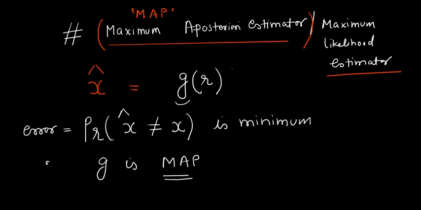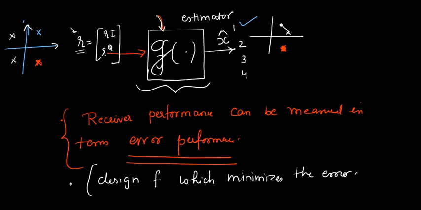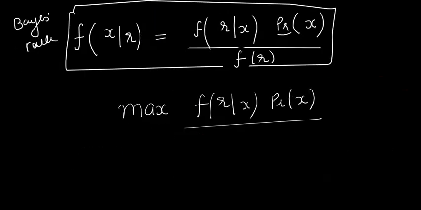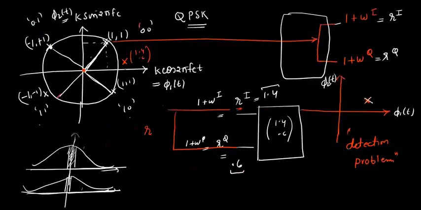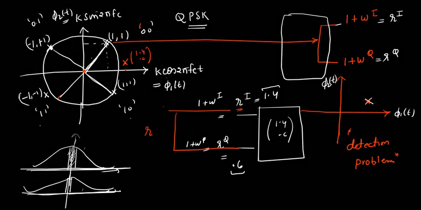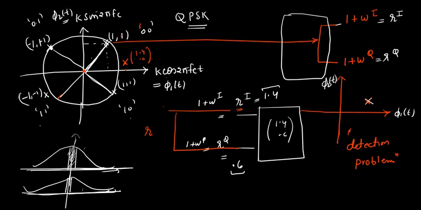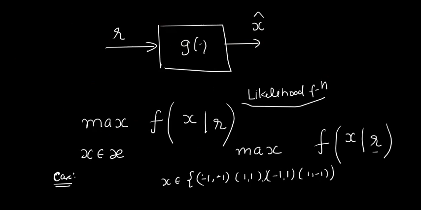When we have a discrete random variable. See, this X is discrete, only 4 values, correct? But R is a continuous random variable, right? Because of the continuous nature of the noise. Noise is continuous, so though you have transmitted this X, R can take any value, right? This plus this, right? You understood my point? Yes or no?